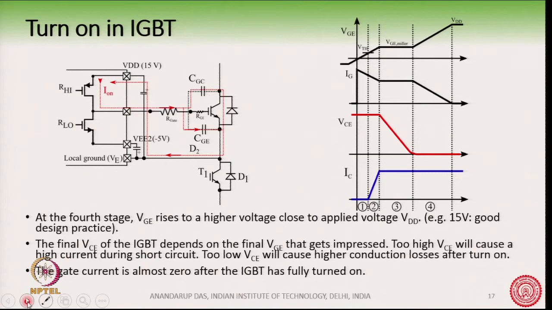Once this capacitor has been fully discharged, the gate-emitter voltage here will rise towards VDD, because this is what it was supposed to do. As per this RC diagram, this VGE voltage should rise up to the VDD voltage, 15 volt.